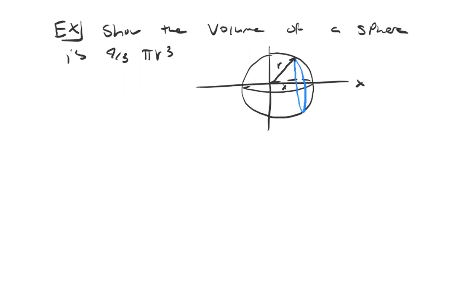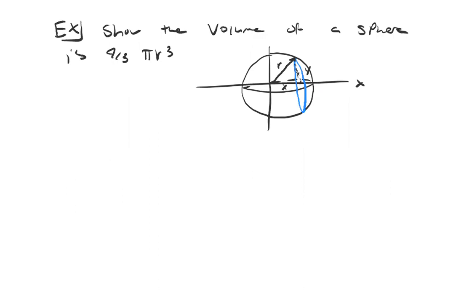This length down here is x, and then on the circle here, we have a second radius that we're going to call y. And r, remember, is a constant. It's always fixed.